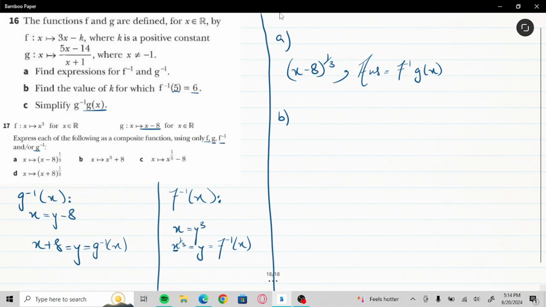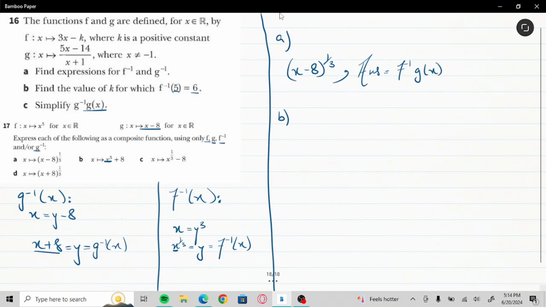Okay, so what's next? Next we need to find the composite function for which x has the expression x³ + 8. So what do we have? x + 8. Yes, we have the g inverse of x to be x + 8. That would mean if we input x³ into this whole equation, we would get that answer.